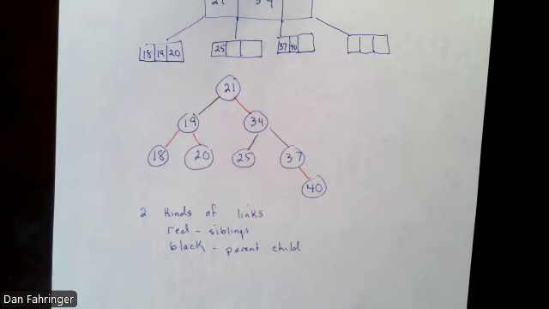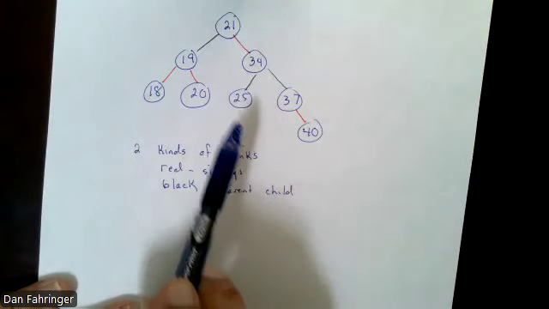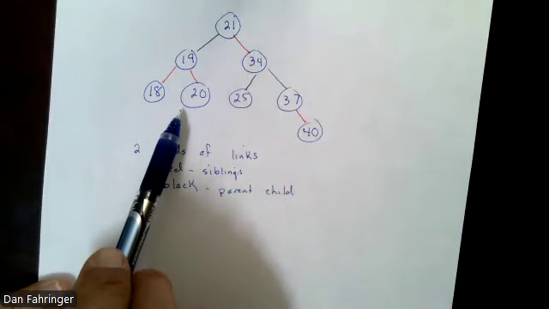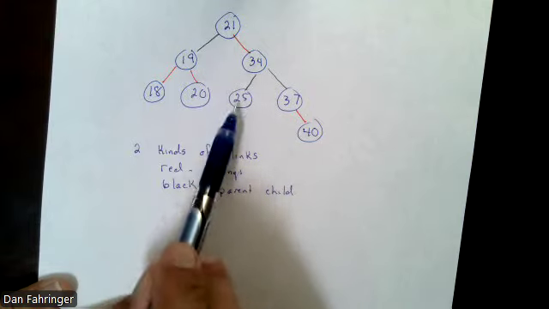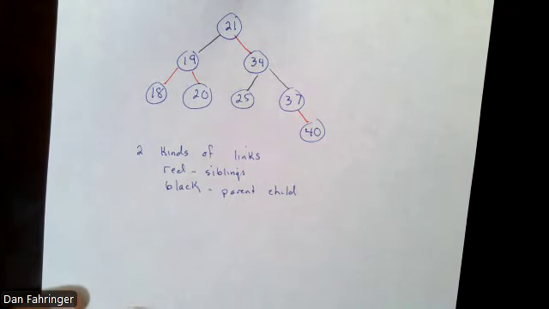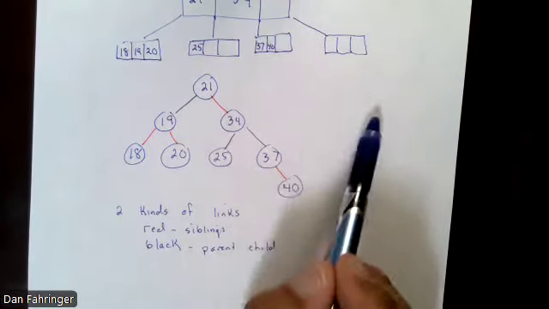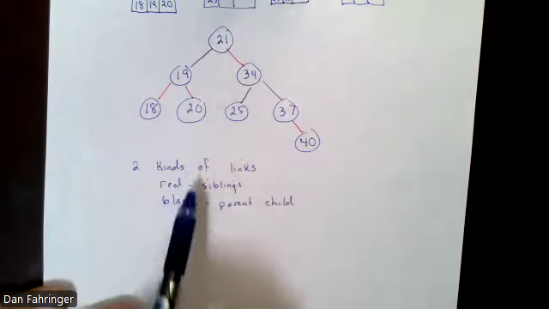Okay. So some observations. Just a couple of notes. If I start at the root and go to a leaf, one black, one black, one black, one black. If I had another row of numbers up here, we'd have two blacks down to every one.